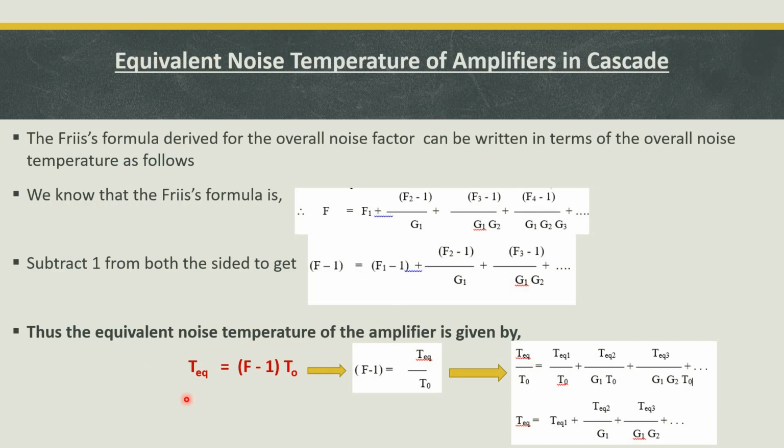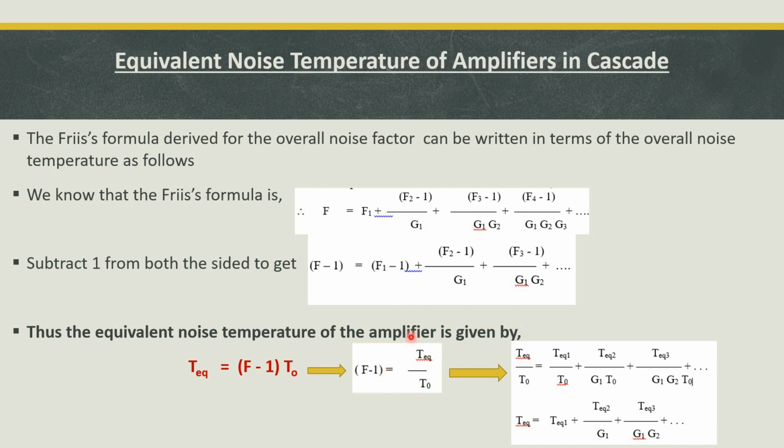In a similar manner, this is extended to cascade connection of amplifiers also for the equivalent noise temperature. You know that the equivalent noise temperature equation is (F1 minus 1) into T. Similarly, you know that the Friis formula is available. Subtract 1 from both sides, F minus 1. Now rearrange this equation, you know that F minus 1 is T equivalent divided by T naught.